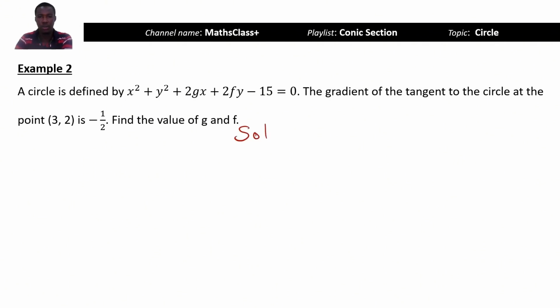So our solution: looking at the question, we can say that the gradient of the radius which touches the point of contact will be +2. That is the negative inverse of the gradient of the tangent line. With that, we can determine the center.